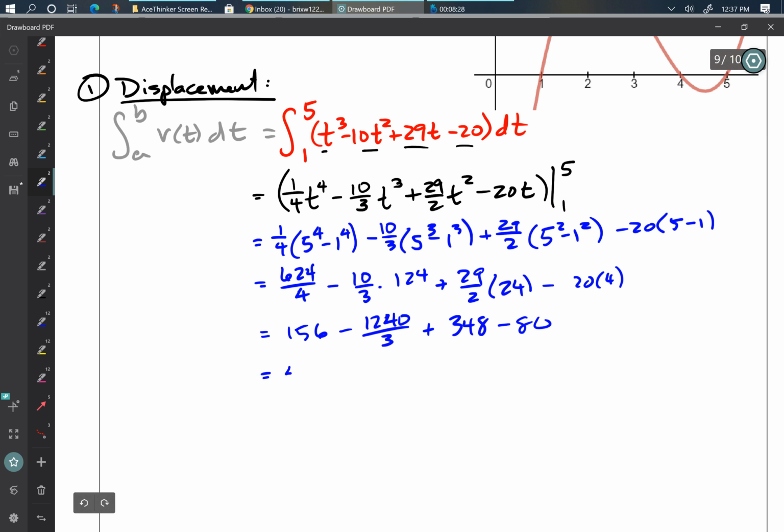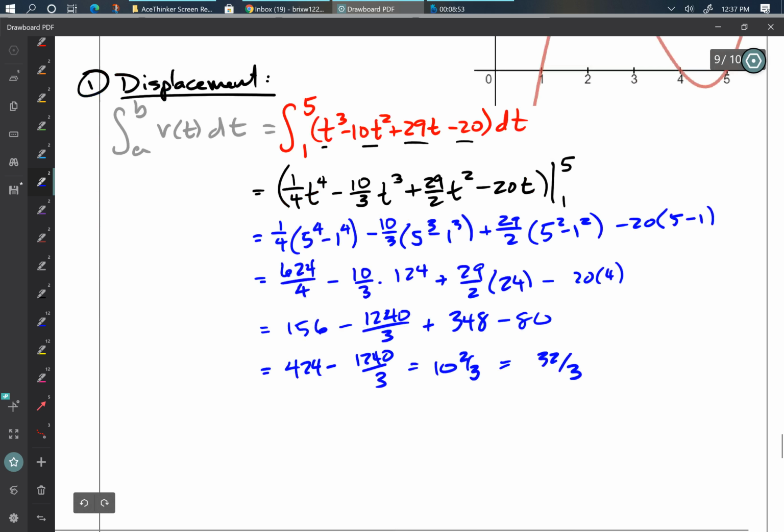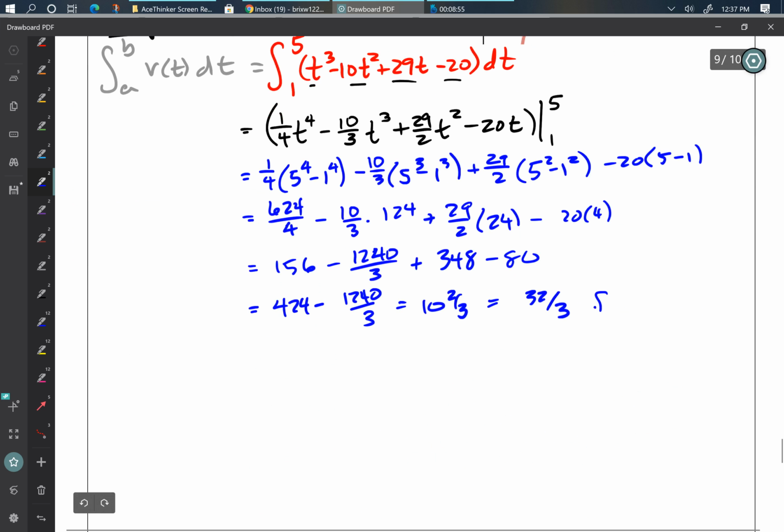So 424 minus 1240 over 3 gives me 10 2/3, or 32/3. And then let's see, if velocity is in feet per second, then the displacement is going to be in feet. And since that's a positive number, it means it was displaced 10 2/3 feet to the right.